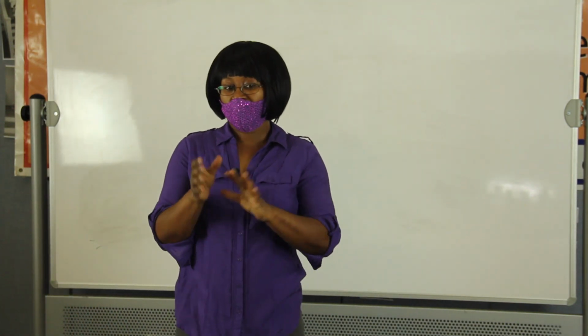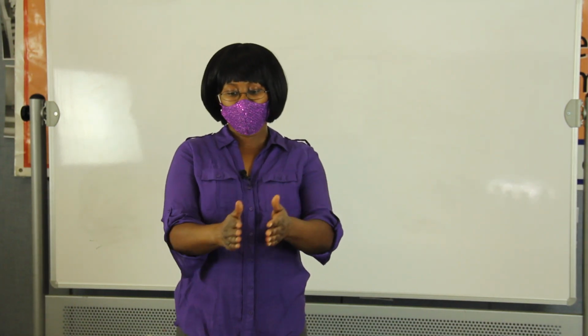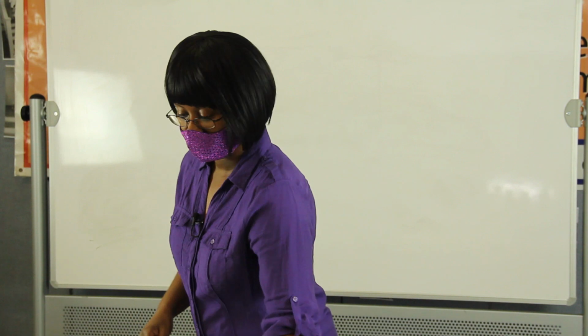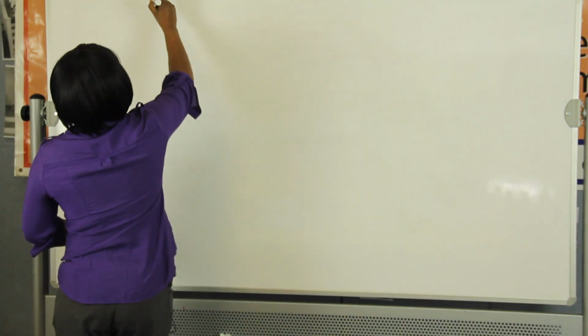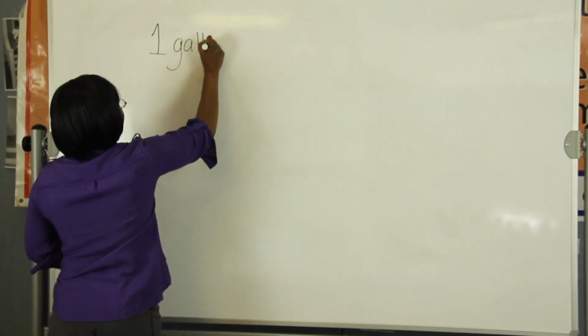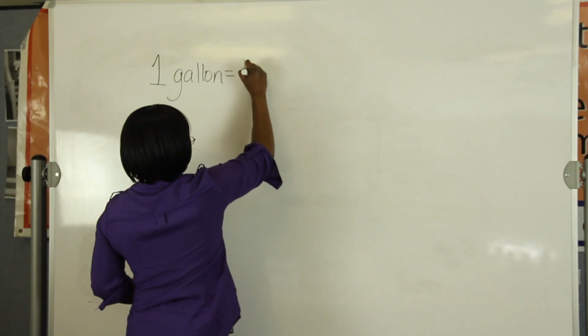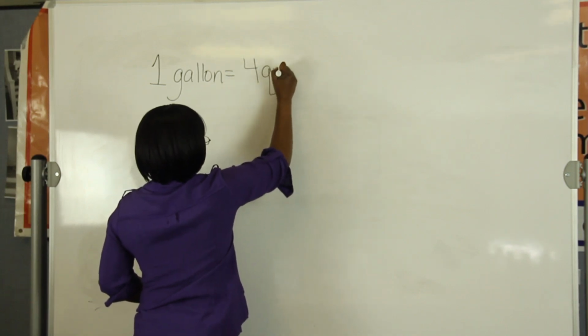Now, we're going to use these things and we're going to calculate from one unit to another. So this is how we're going to do it. We know that 1 gallon equals, I think it's 4 quarts. I don't do a lot of quarts, so I have to look at that.